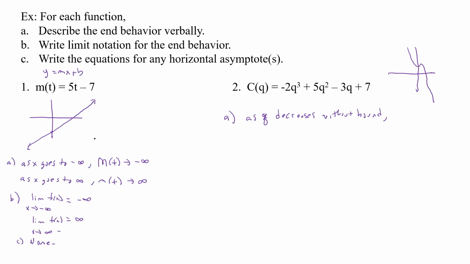And that was t and stuff, but we know what we're talking about here. That's t, and that's m of t, but we switched it to f of x. That's okay. So as q decreases without bound, then c of q is going to increase without bound. So basically, it's going to keep going on up forever.